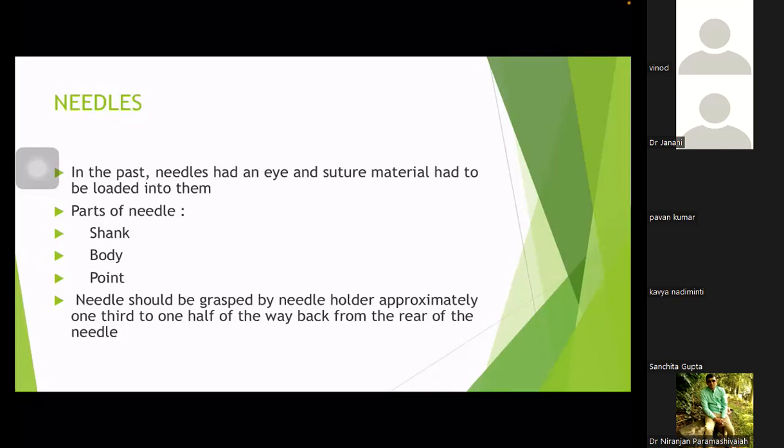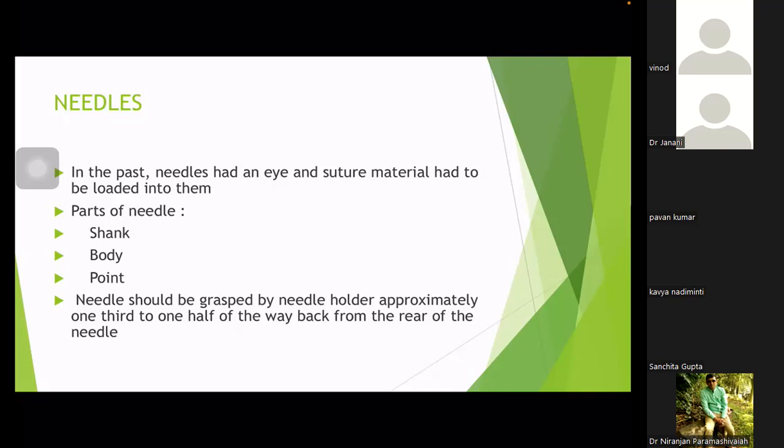Sir, why is it important to know the tensile strength, absorbability, how the wound healing is progressing, and which sutures to use in what circumstance? Sir, the first thing is to plan: if it is a non-absorbable suture, we use it over the skin.